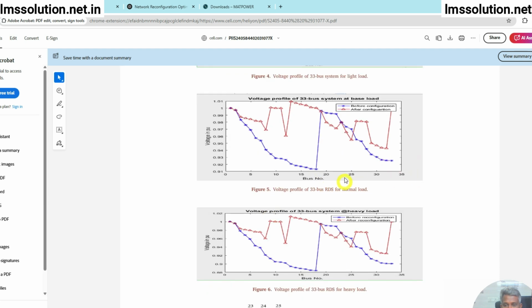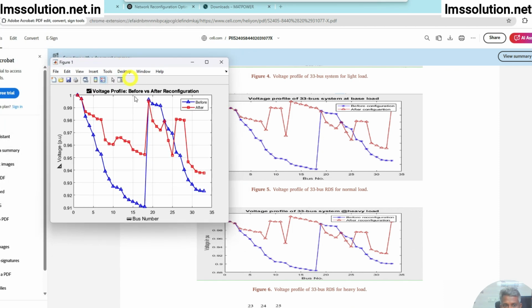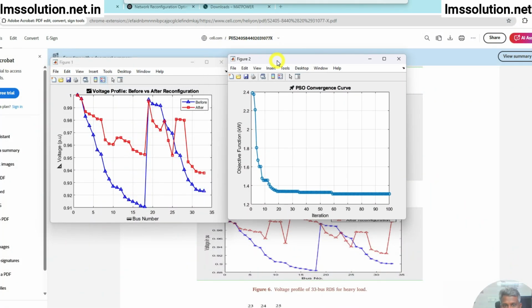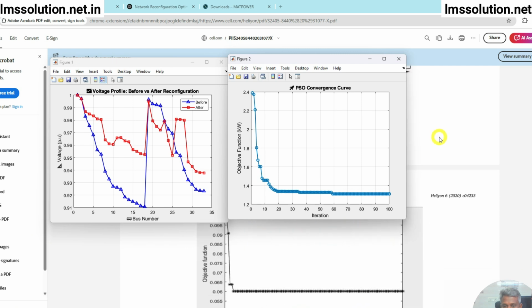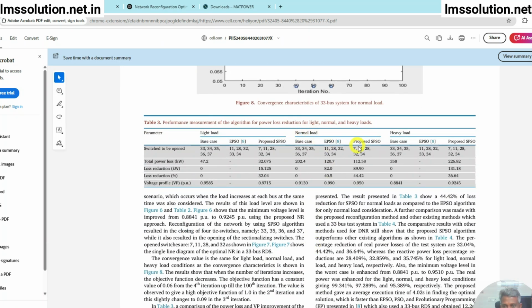This is a normal load condition. This is the result we are getting now. And this is the convergence curve for the normal load condition. Next, for the normal load condition the result will be 7, 11, 28, 32, 34.